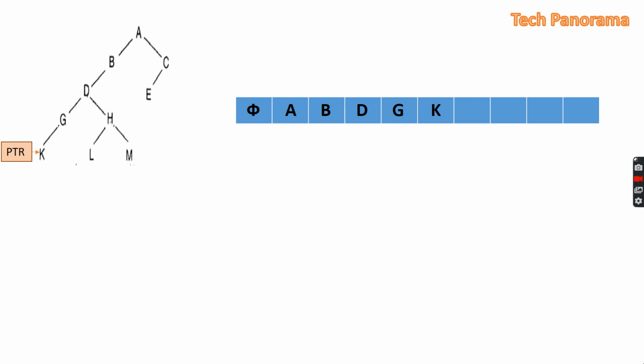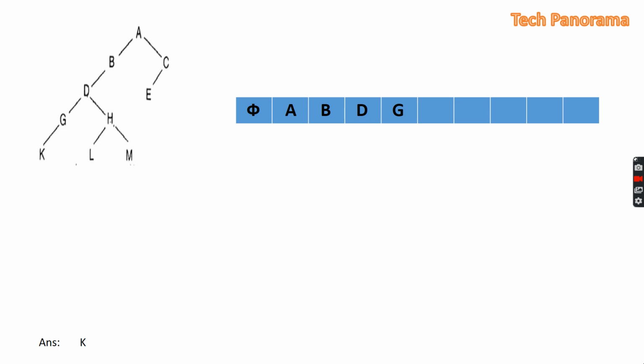Now K has no left child, so we will start popping the elements from the stack. First we will pop the element K from the stack, then we will process K, then check its right. As K has no right element, there is nothing to be processed.